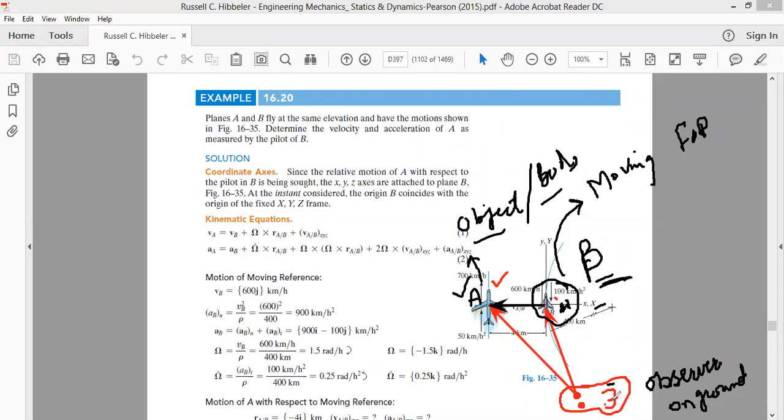Let me directly write the equations and introduce students to the equations, and at the same time help students learn how to use these equations in solving the problems. In the three-dimensional kinematics of rigid bodies, a chapter coming up within 5 days, I will be deriving the equations.